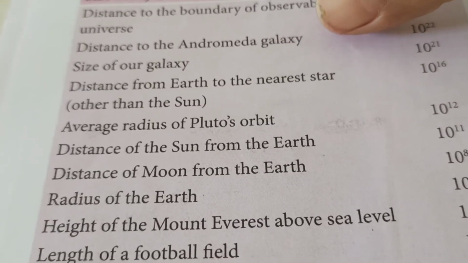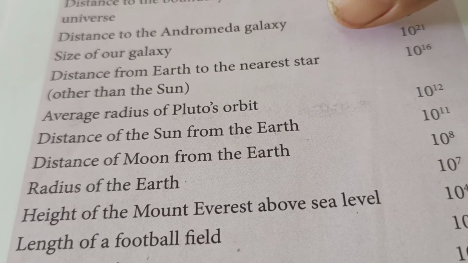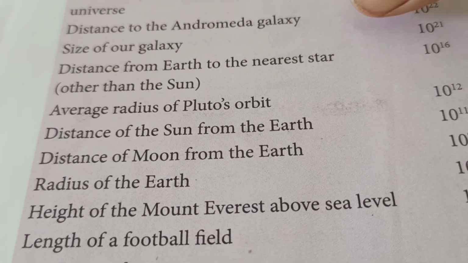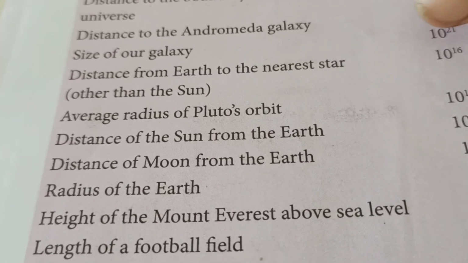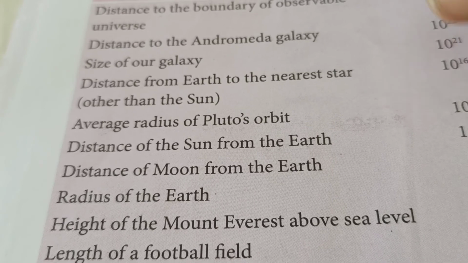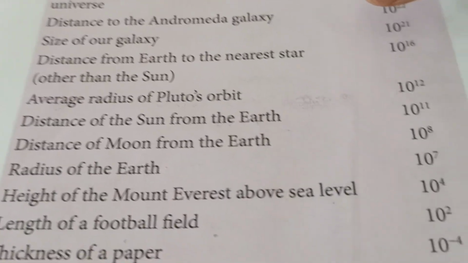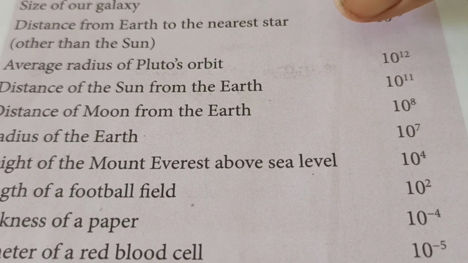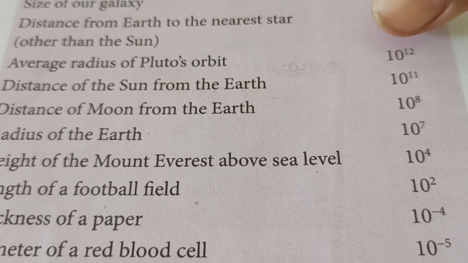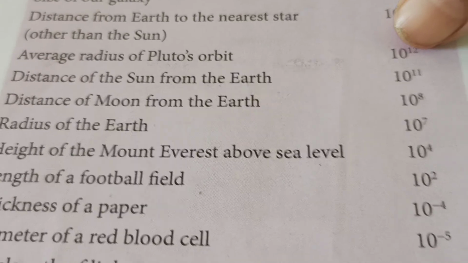Distance from Earth to the nearest star other than the sun, since the sun is also one of the stars, is 10 power 16. Average radius of Pluto's orbit is 10 power 12. Distance of sun from the earth is 10 power 11.